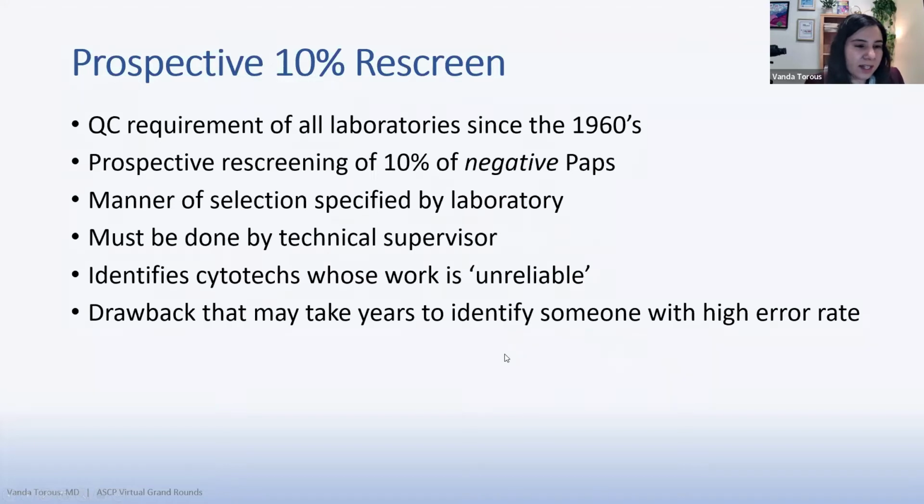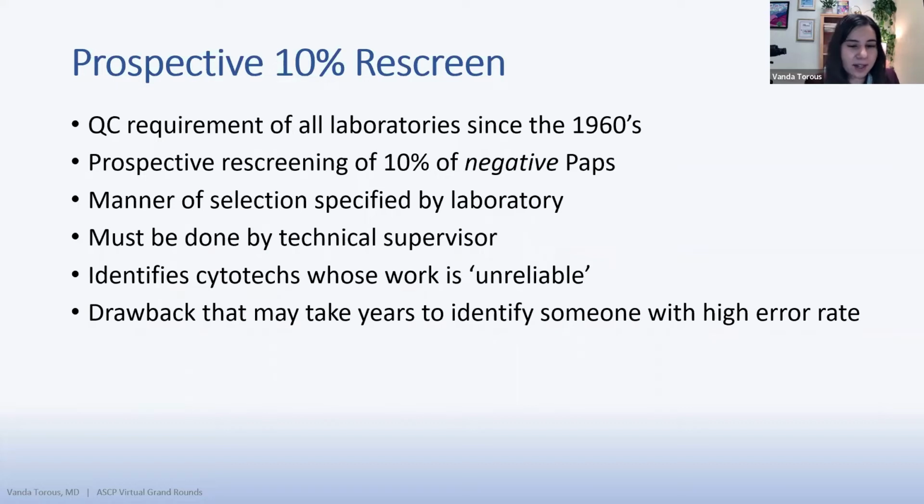So now the drawback to this method is that it may actually take years to identify somebody with a high error rate. Studies have shown that the upgrade rate by doing this is less than 5% overall. So it's a very low proportion of cases are actually upgraded, even when you use categories of atypical to SIL rather than just negative to SIL.